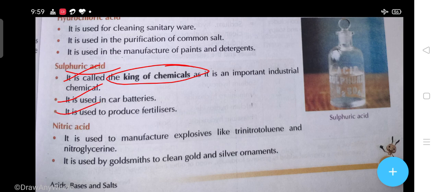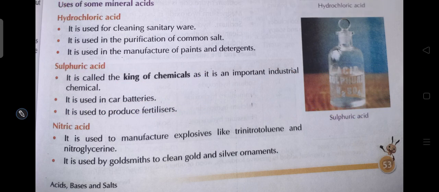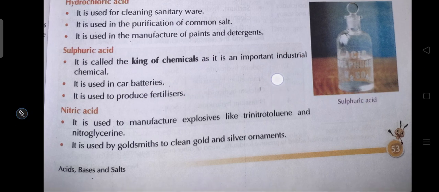It is used to produce fertilizer. Fertilizers are what? To enhance the fertility of soil for large production of crops. If you want to increase the production of crops, then you have to increase the fertility, and for increasing fertility you will have to add fertilizer in the soil.